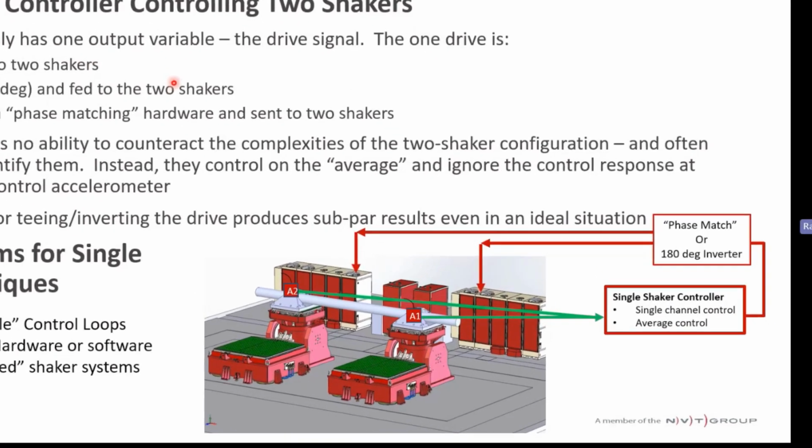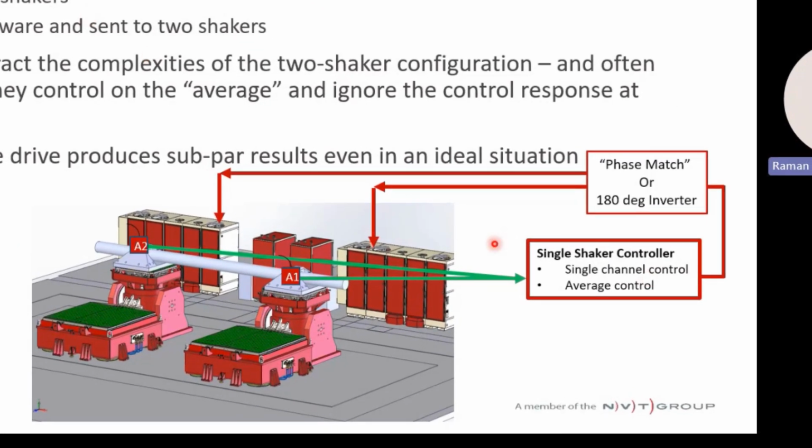So for example, take my controller output here, my block diagram, my controller, and if I just took the drive signal and split it and teed it into two amplifiers to drive two different shakers, that's the simplest and most crude way that people try to control two shakers with a single shaker controller.